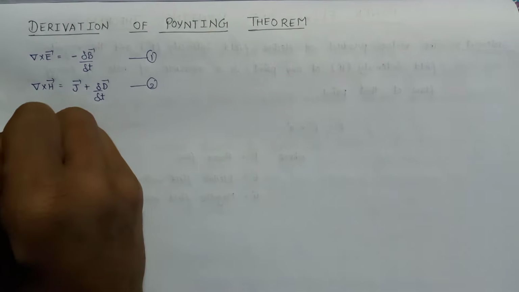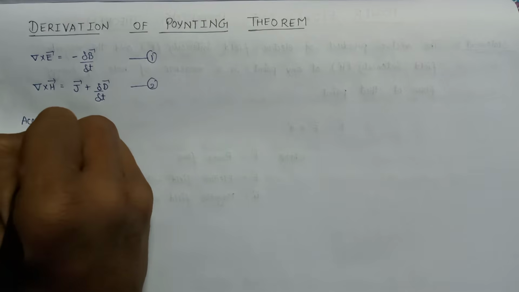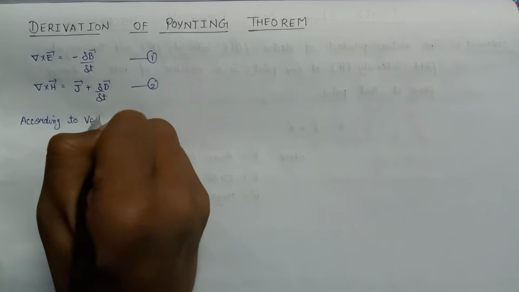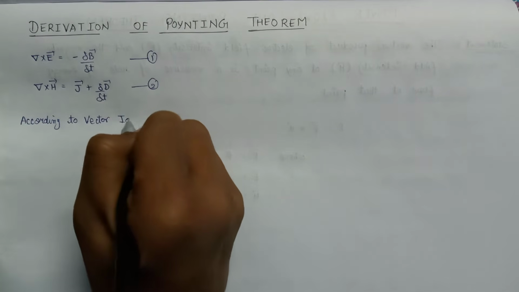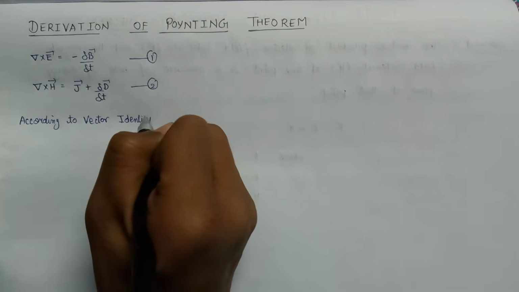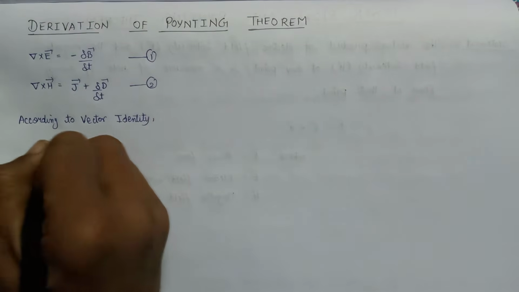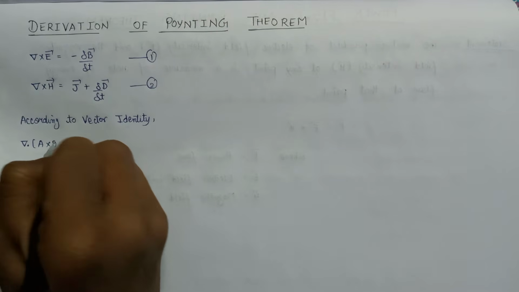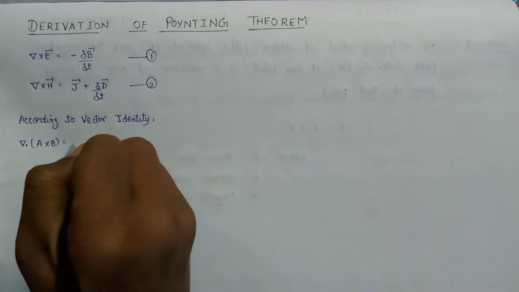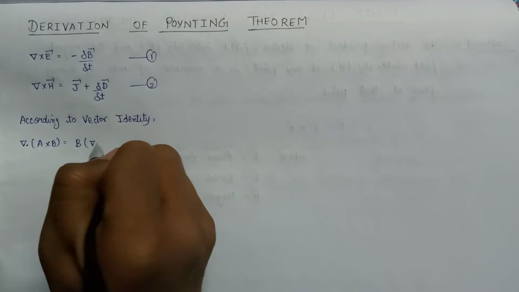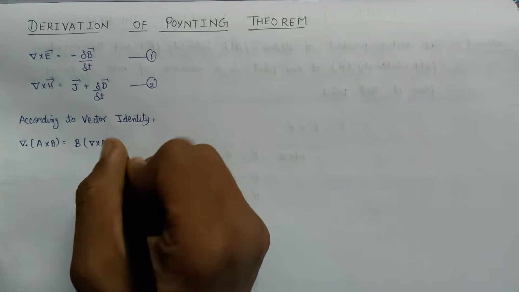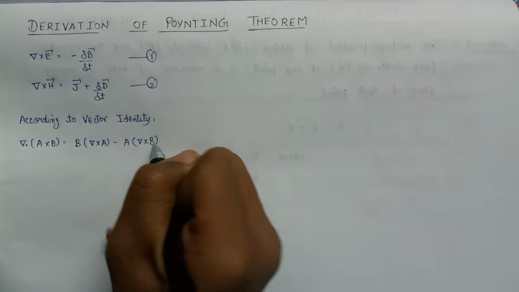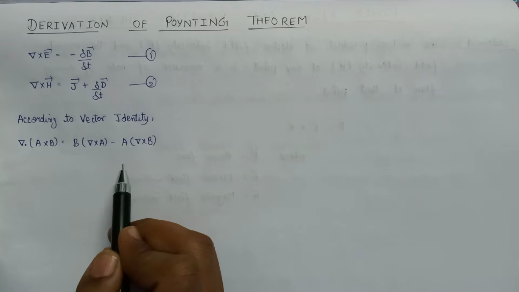According to the vector identity that we discussed, del dot A cross B equals B into del cross A minus A into del cross B. This is nothing but a vector identity.